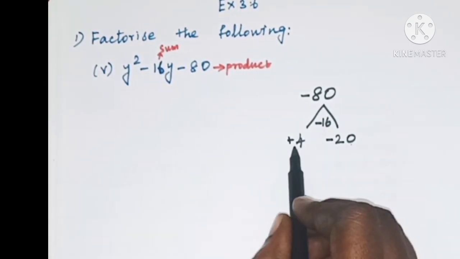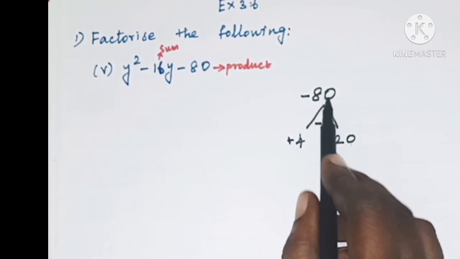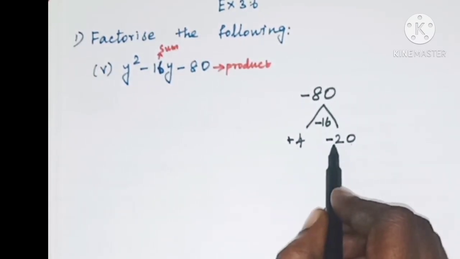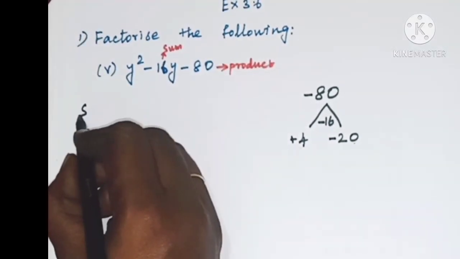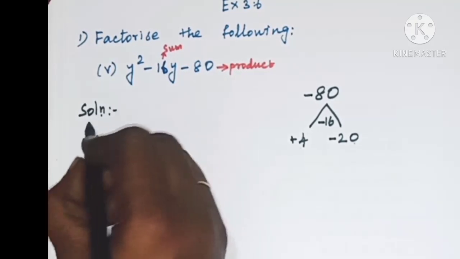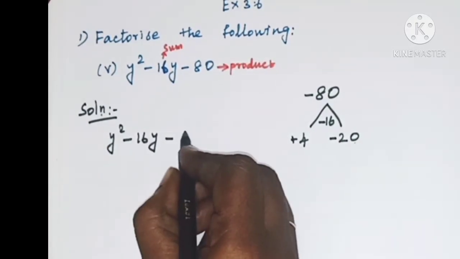Now 4 into 20, plus into minus, minus 4 into 20 is 80, minus 80, and minus 20 plus 4 is minus 16.